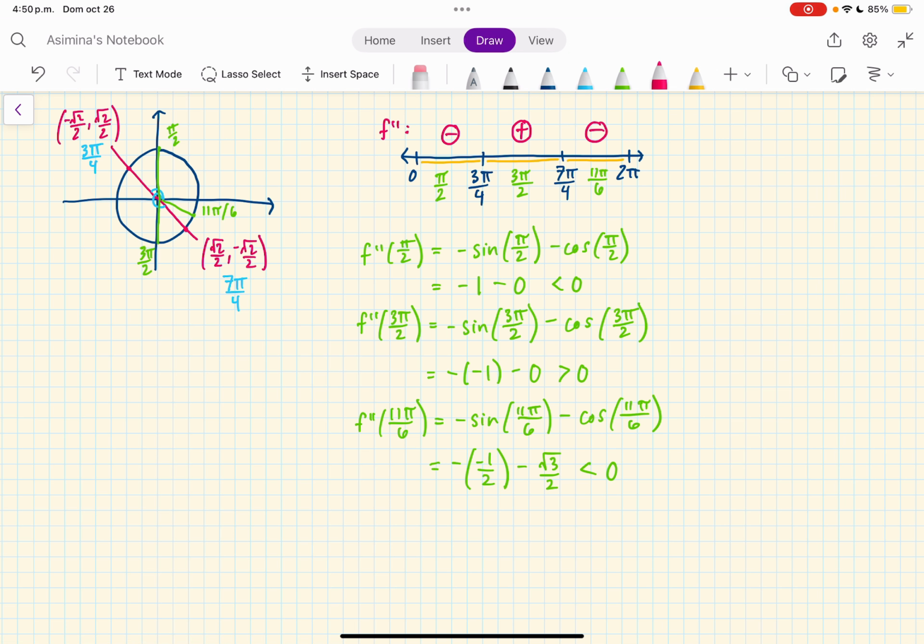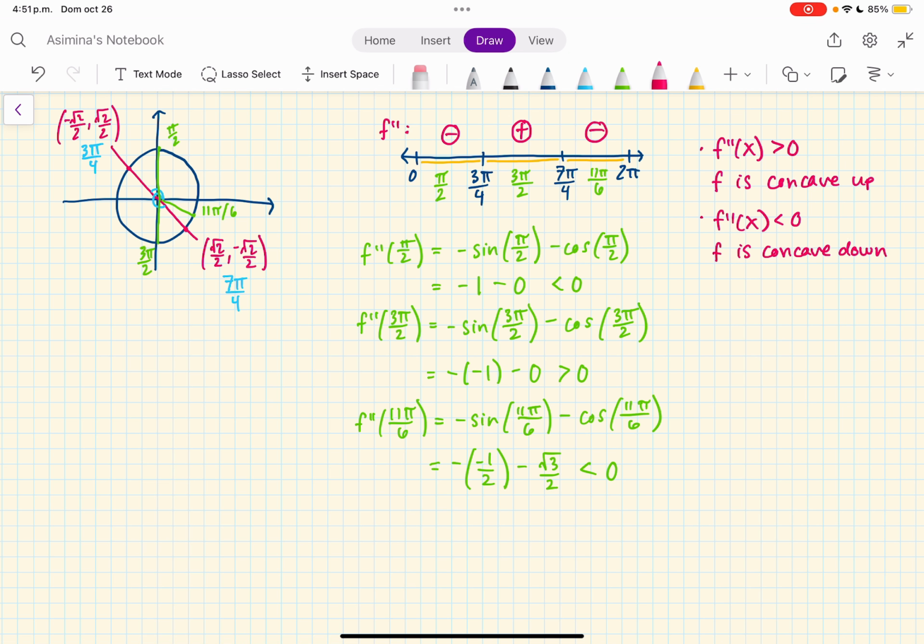Okay, so what does this tell me about where f is concave up or down? Well, if the second derivative is positive, then f is concave up on that interval. And if the second derivative is negative, then f is concave down on that interval.